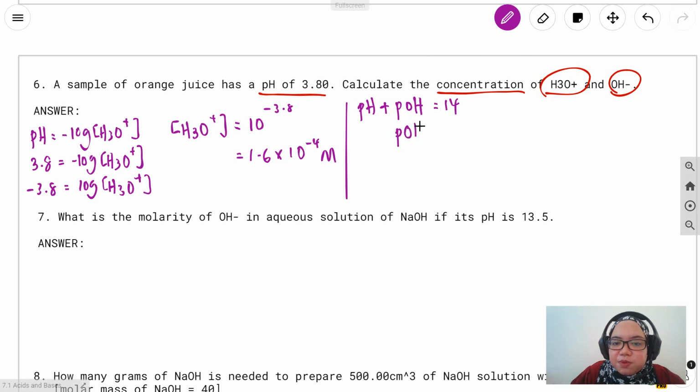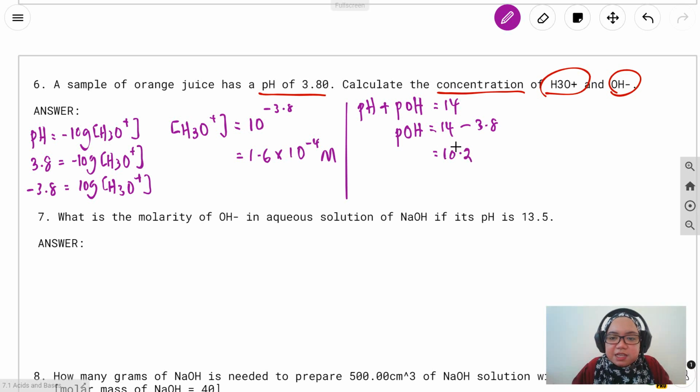So we can find pOH equals 14 minus 3.8. We will get 14 minus 3.8 is equal to 10.2.